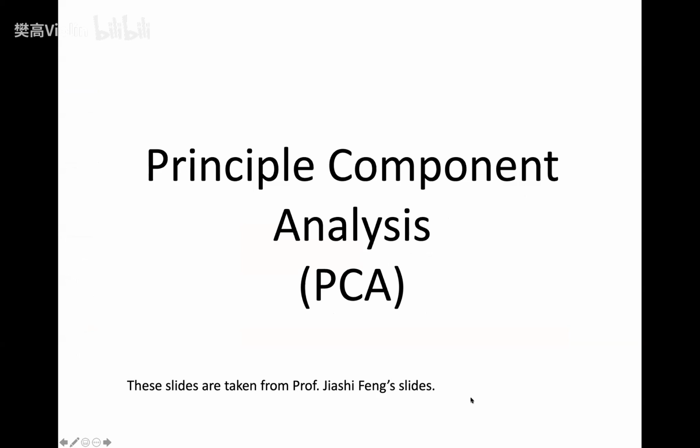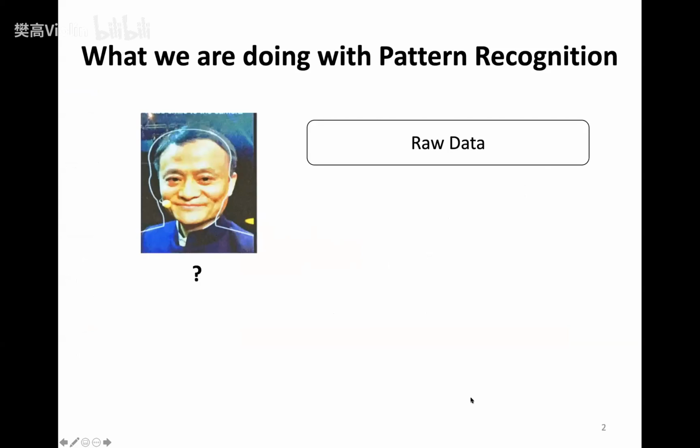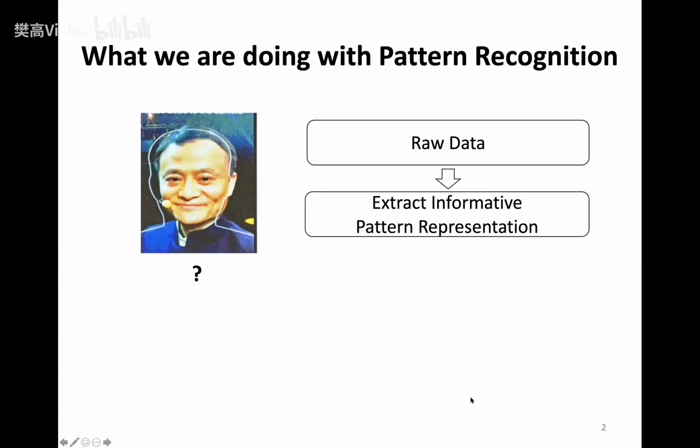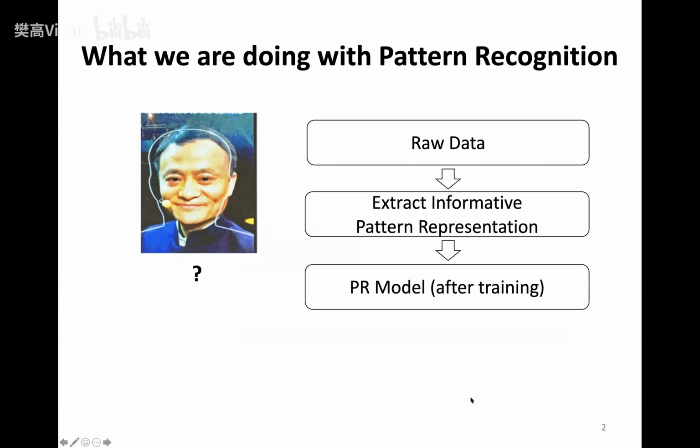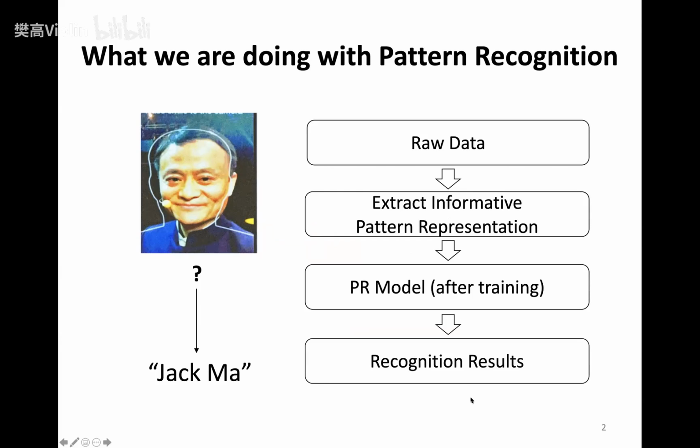So for example, this face: we have raw data, and then we have a representation of features, and then we can do the recognition after the features. So your lambda is actually your features. That's why you can play with your lambda.